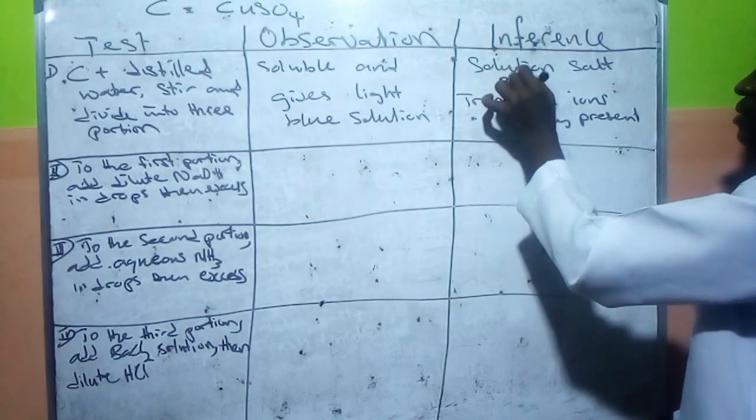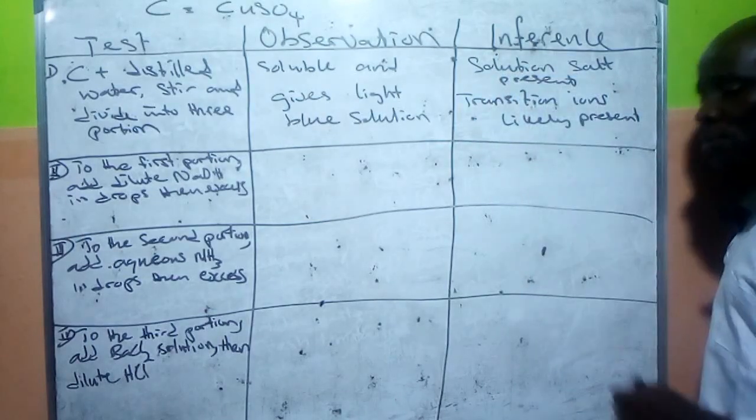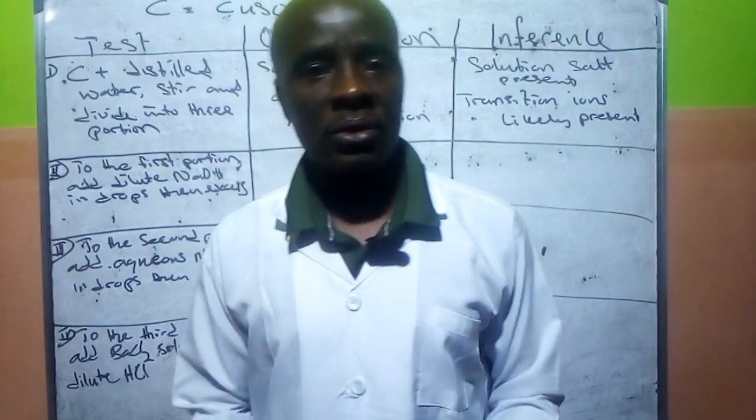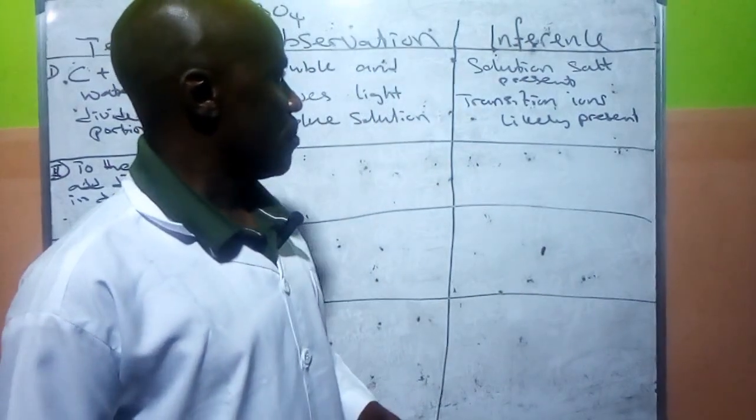So the inference is: soluble salt present and transition ion likely present.